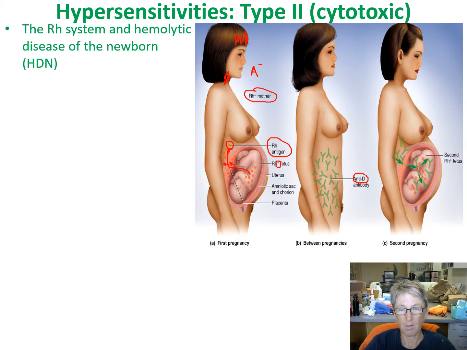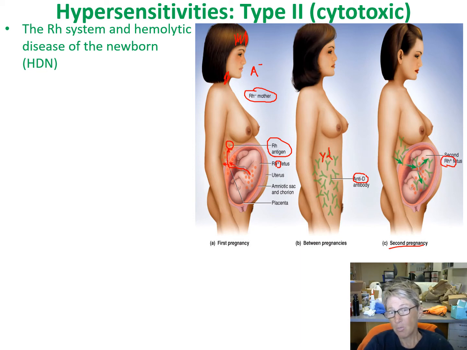But check it out. Between pregnancies, the mom had the red blood cells with the RH antigen on them. She mounted an immune response, and she built up all these anti-D or anti-RH antibodies in her bloodstream, and they could last for a while. So then she gets pregnant with her second child, who is also RH positive.